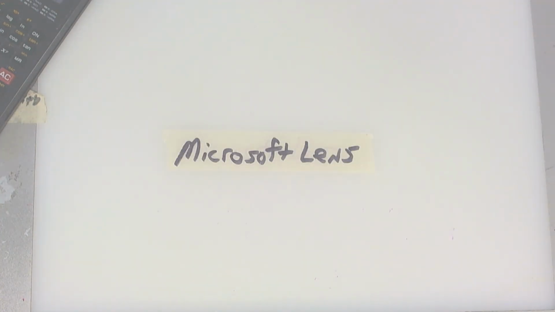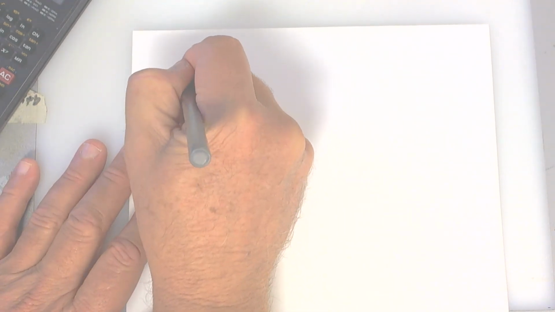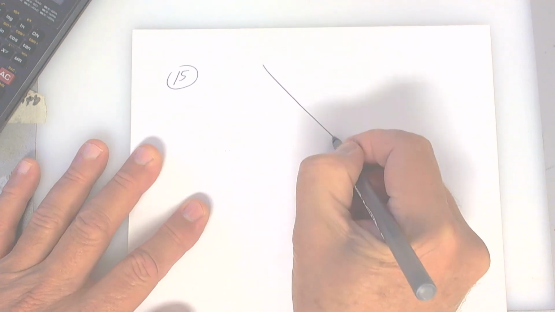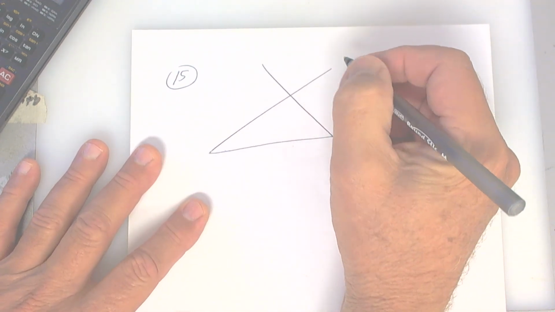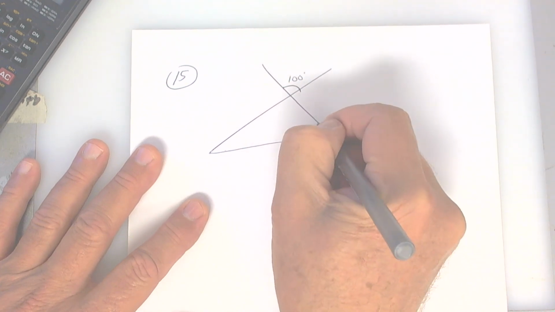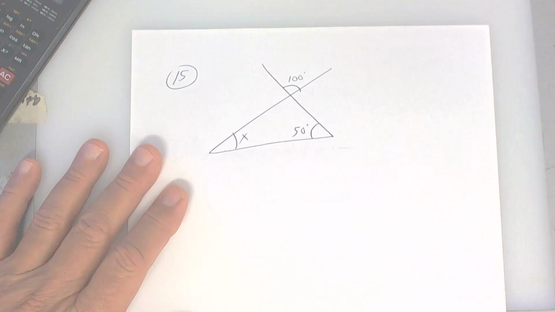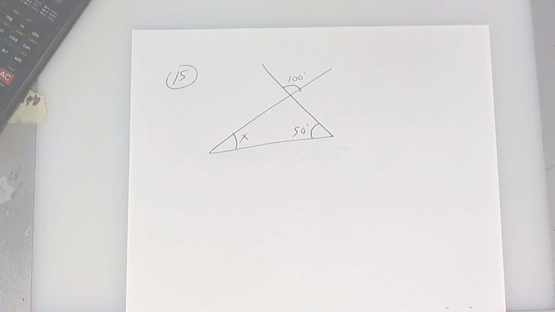So if you need to, get another sheet of paper, just like I'm doing. I want you to try this one. Let's make this 100. Make this one 50. And I want you to find x. So do that right now. Try and do it.